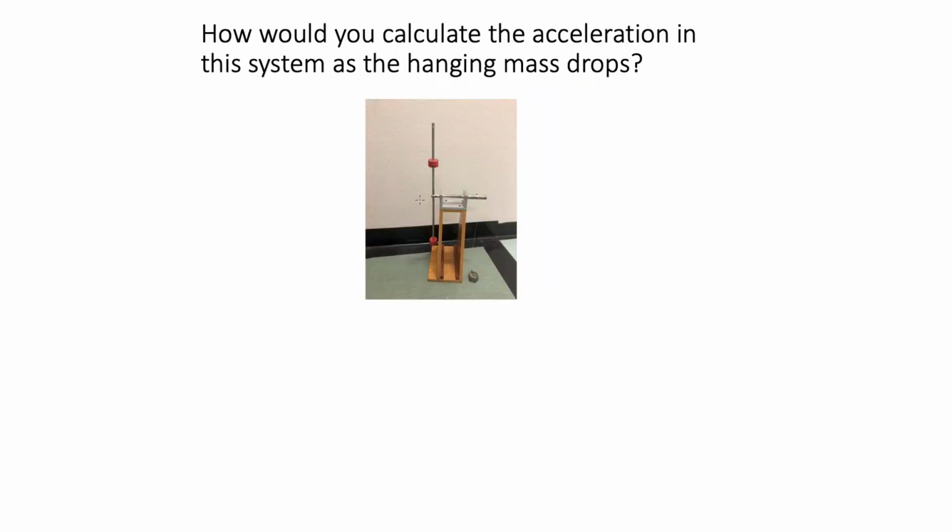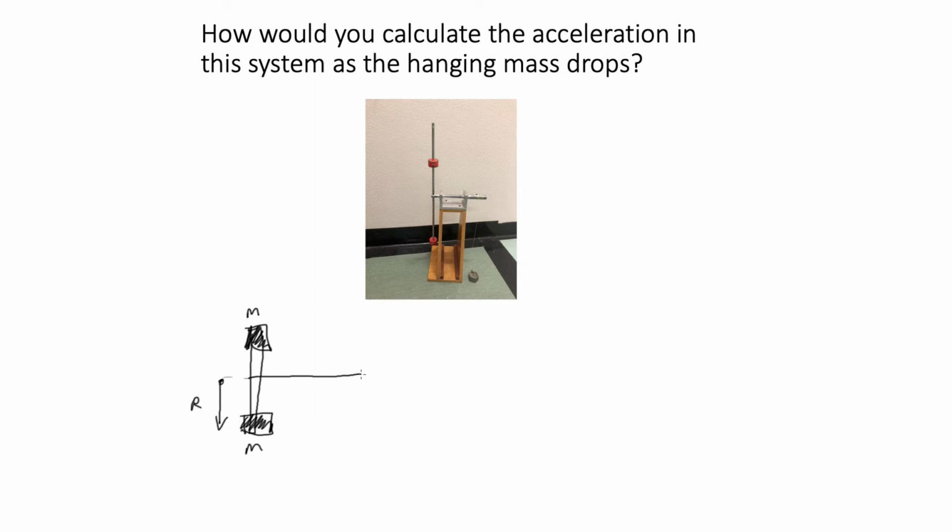Okay, so another thing that we looked at was this apparatus here, and we thought about how we could calculate the acceleration as that hanging mass dropped. So essentially what we have is an almost massless rod with a mass here, let's give it lowercase m, and a mass here, same mass, and we'll place them at a distance capital R from the center of the rod.